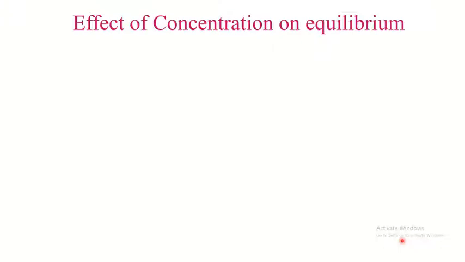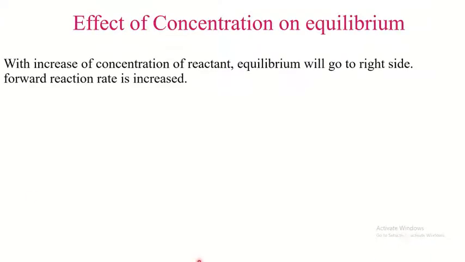That means more product will be produced from reactant to minimize the change of concentration. And if you increase the concentration of product, then more reactant will be produced. That means backward reaction rate will be increased so that the change of concentration can be minimized.